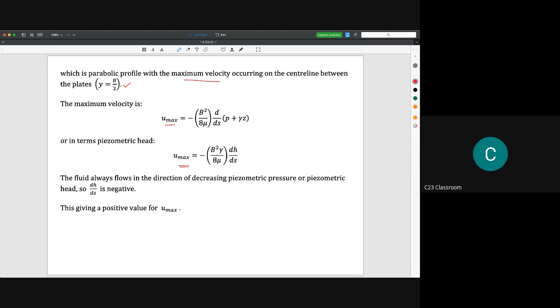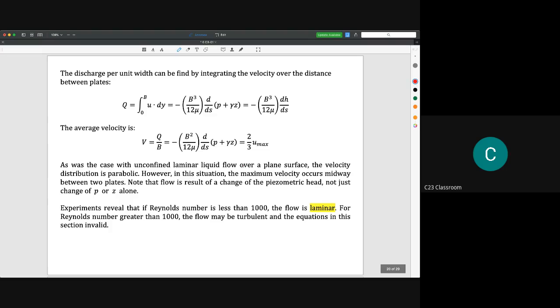Okay, and the negative dh over ds here is just to show that the flow is downwards. Then I simplify this one. I think you understand this equation.